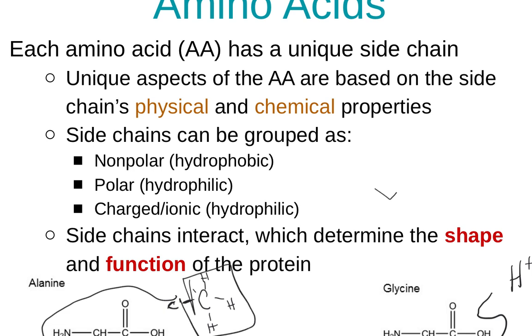It doesn't have any open charge or anything like that to it. But if I have a hydrogen right here that possesses the availability of a charge, these two things are going to interact very differently. And I'm saying this hypothetically. I'm not saying that's the case in these amino acids, but hypothetically, the interaction will definitely determine the shape and the function.